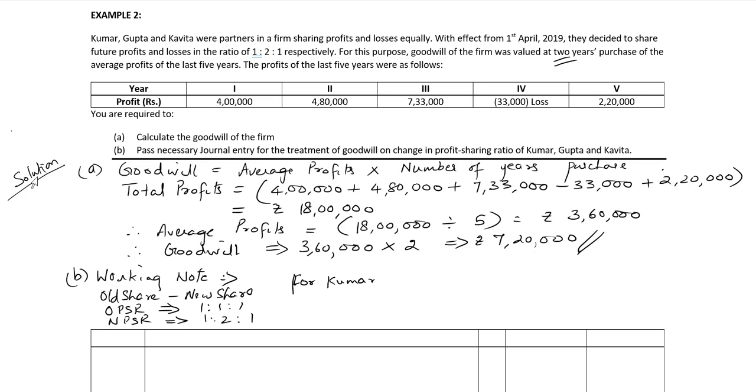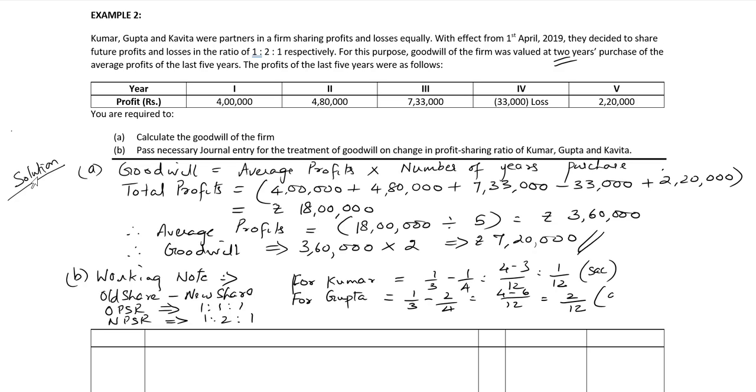For Kumar, old share 1/3 minus the new share 1/4, positive 1/12, Kumar sacrifices. For Gupta, 1/3 minus 2/4, negative 2 by 12, Gupta gains.